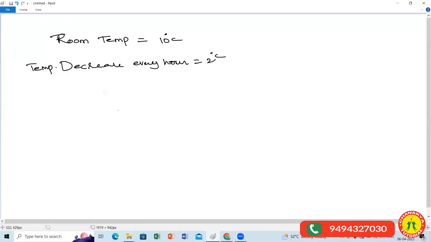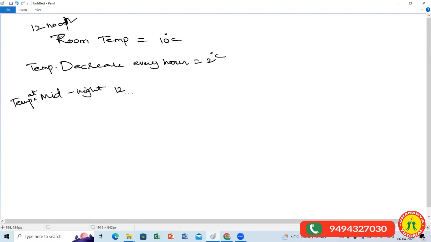That means decrease, minus. So this is the temperature at 12 noon. At midnight 12, what is the temperature?